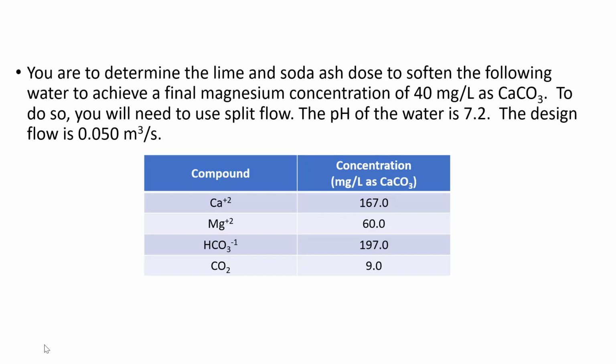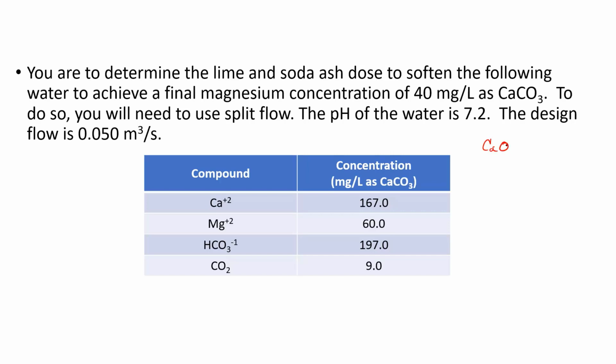And lime and soda ash are the traditional way that we've used to remove calcium, magnesium minerals from a groundwater. That requires reacting the calcium and the magnesium, typically with lime. So typically we add calcium oxide.